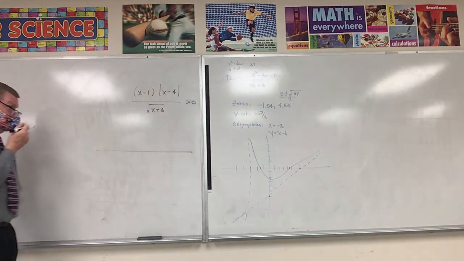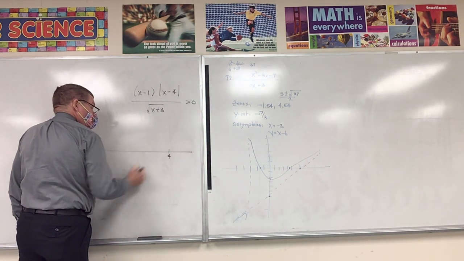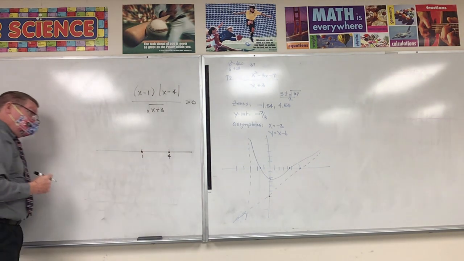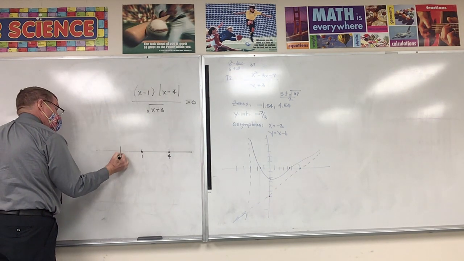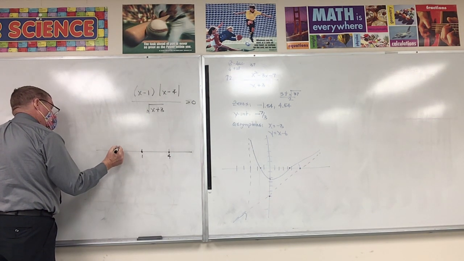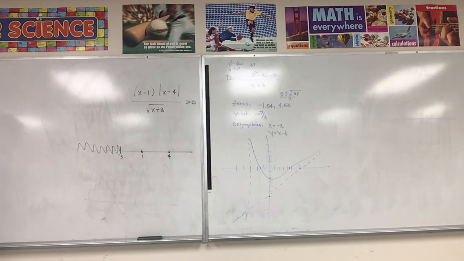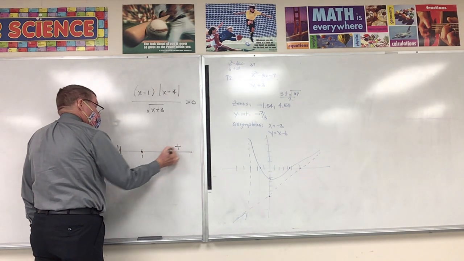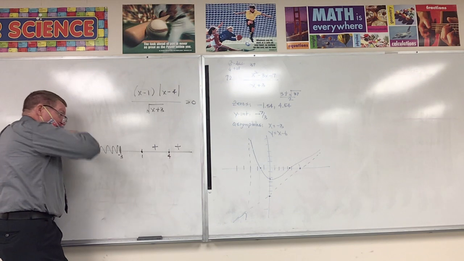All right, what are my zeros? 1 and 4. Where am I undefined? Negative 3, and lower than negative 3 I'm undefined. Okay? If I pick a number greater than 4, what will I be? Positive. What happens at 4? Touches. So I'm positive.